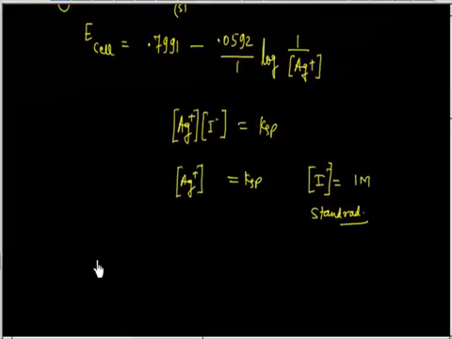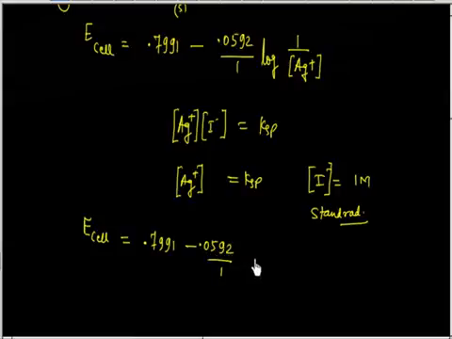So now if I plug in Ag plus, I can write E cell is 0.7991 minus 0.0592 divided by 1, and Ag plus is simply Ksp, so 1 by Ksp value. Are you getting?